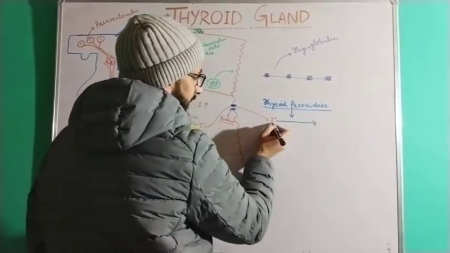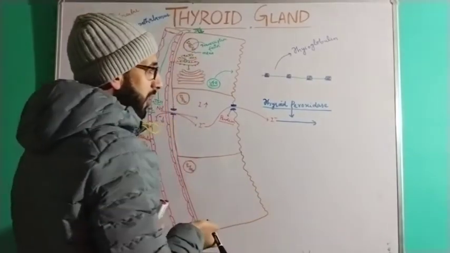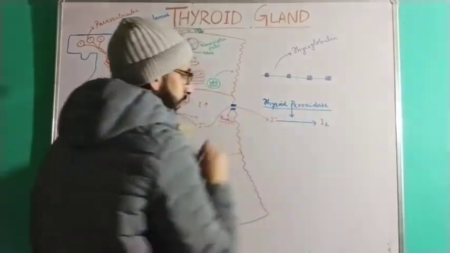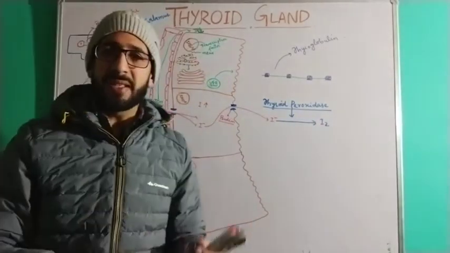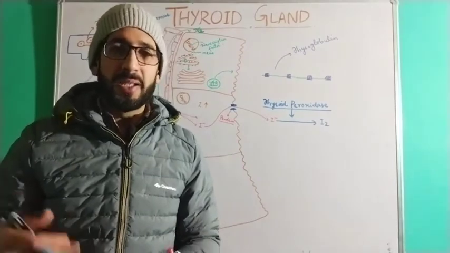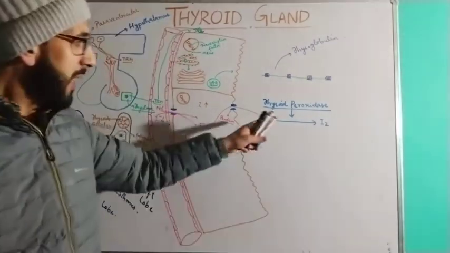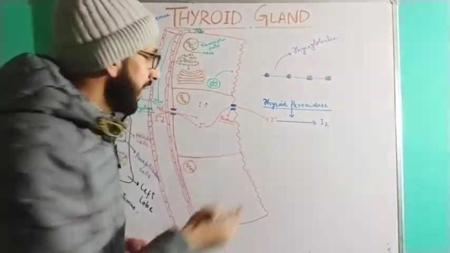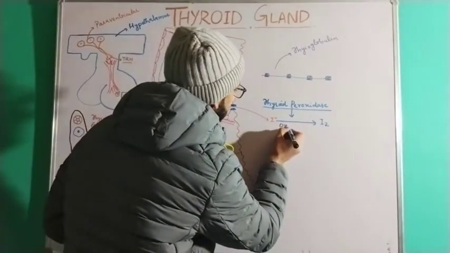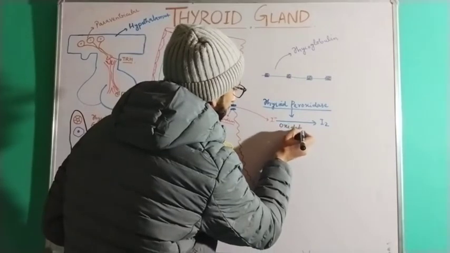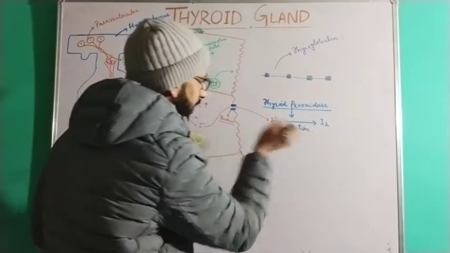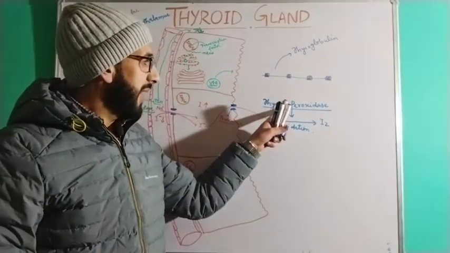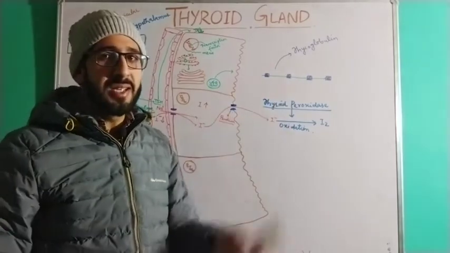It acts on this iodide and leads to its oxidation, and the iodide is converted into iodine. It is this iodine which is important for the synthesis of thyroid hormones. So this process, the conversion of iodide into iodine, is called the oxidation of iodide, and it is done by the enzyme thyroid peroxidase.